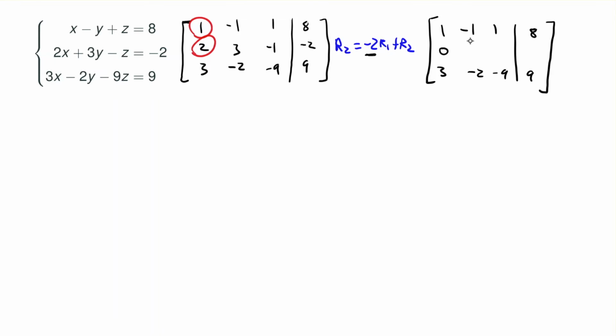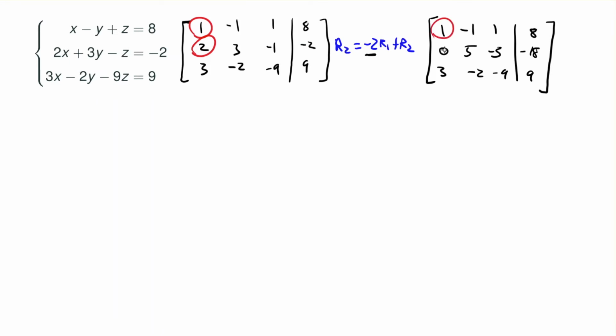Then -2 times -1 gives us +2. Add that +2 to this number right here, which gets 5. -2 times 1 gives us -2. Add to -1 gives us -3. -2 times 8 gives us -16. Add to -2, -18.